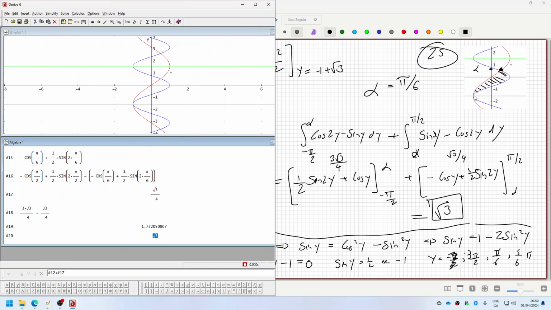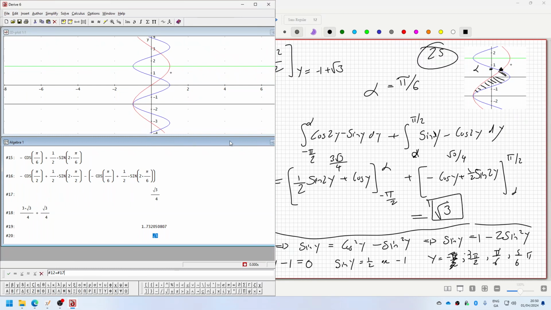That's definitely minus pi over 2. Pi over 6 is 0.5. That looks like that. And then from there to pi over 2. And then that red one is the sine one minus the cos one, whereas this one is the cos one minus the sine. So what have I done wrong?